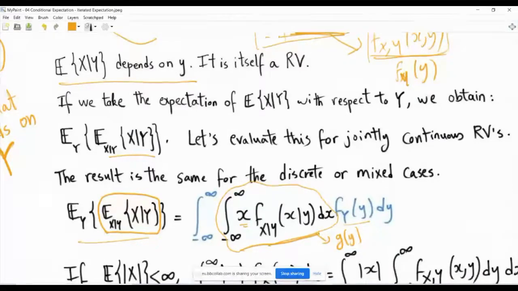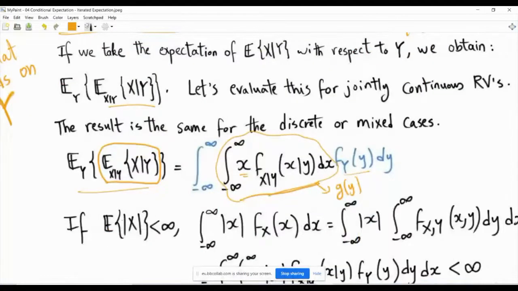Of course this is not generally true, but actually this will be true. We are able to interchange the order of the two integrals if x has a finite first moment. So if the expected value of absolute x is less than infinity, then we can interchange the order.